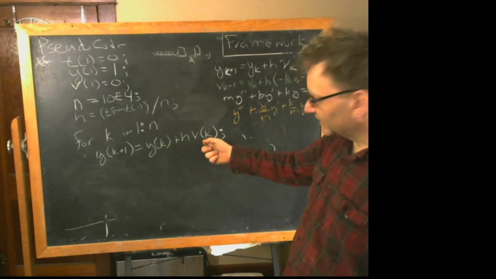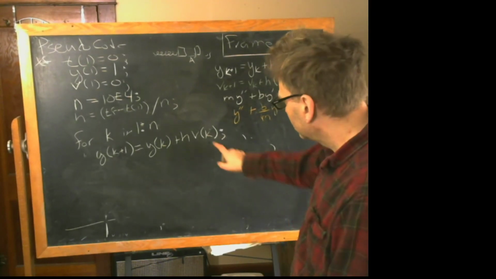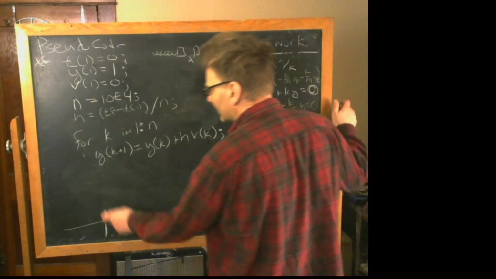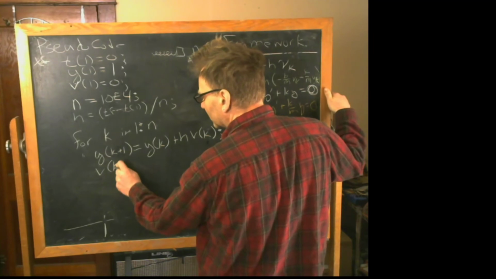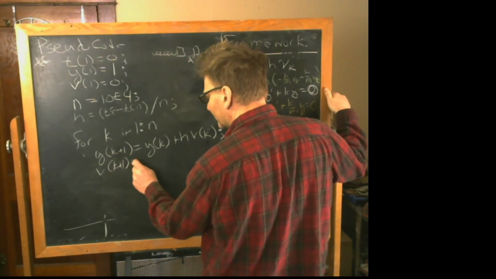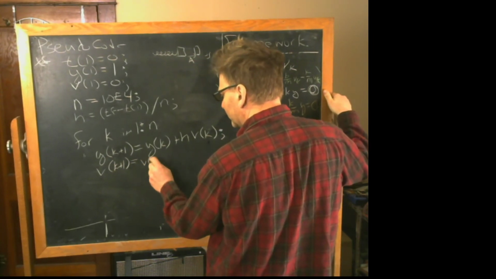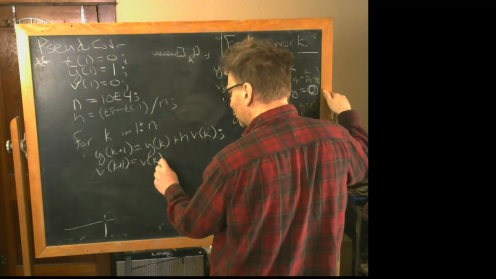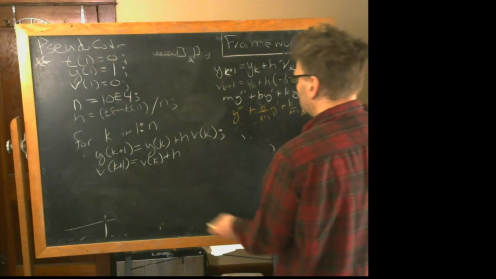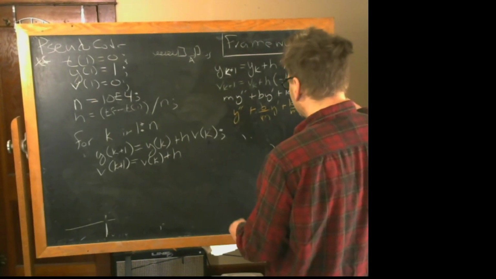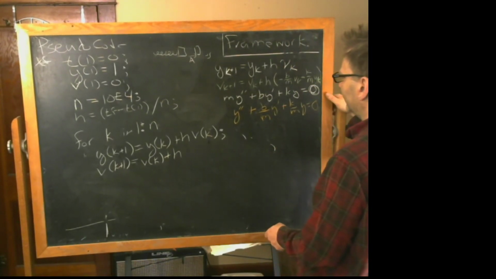And so my big thing here now is to update my velocity component. And so my v of k plus 1 equals my current velocity plus h times, and here I think I might expand the math out a bit. Let's see here.